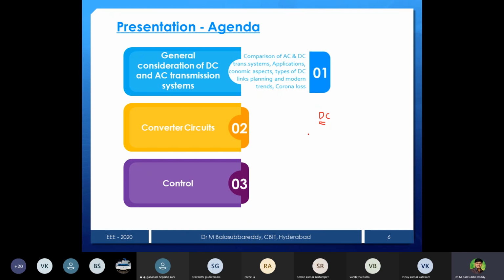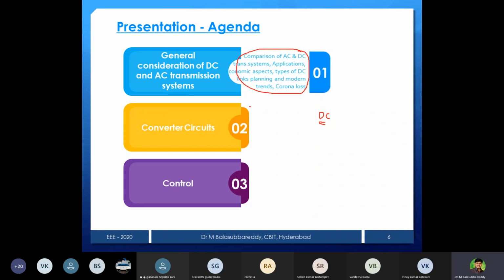There is modular construction of thyristor valves, so the failure of valves is very low. Now 12 pulse converter operation also comes into the picture. All these things are going to be covered in this unit. These are purely theory oriented in this unit.